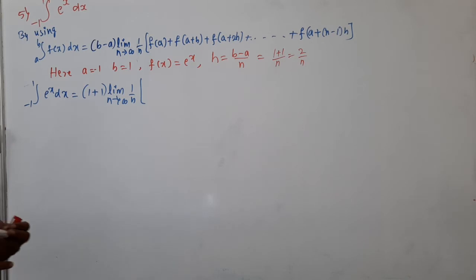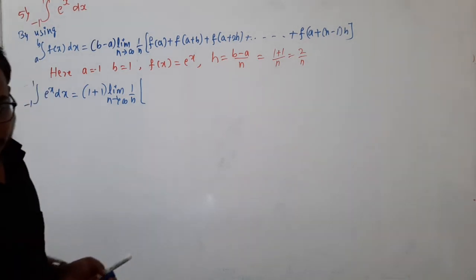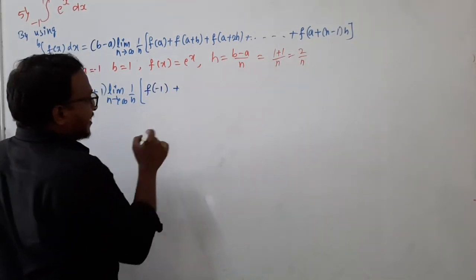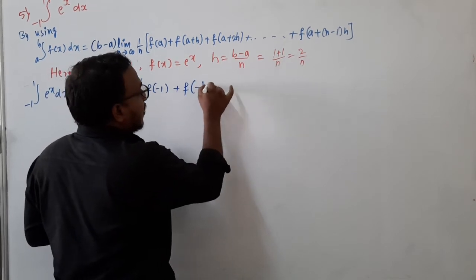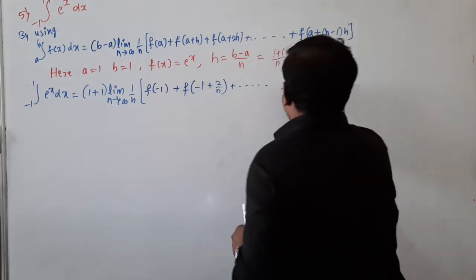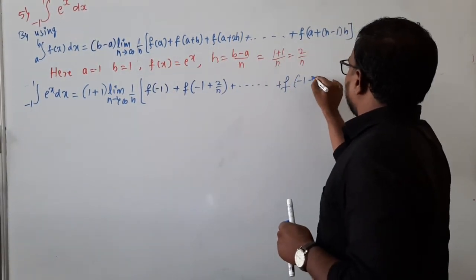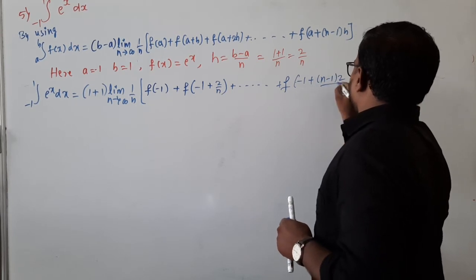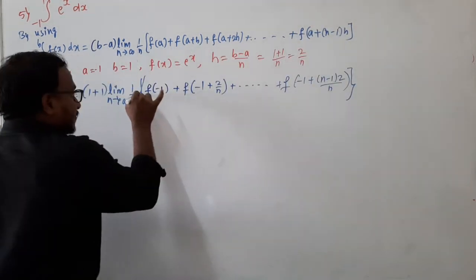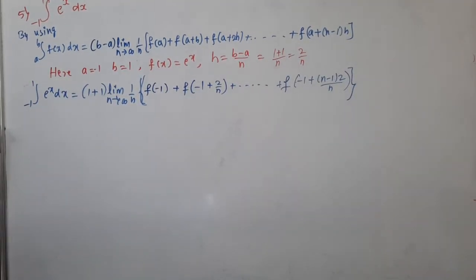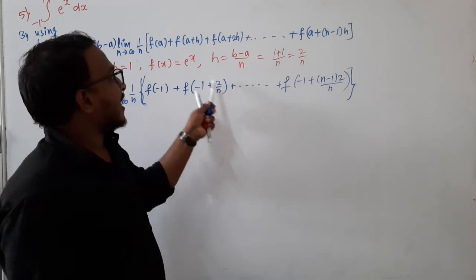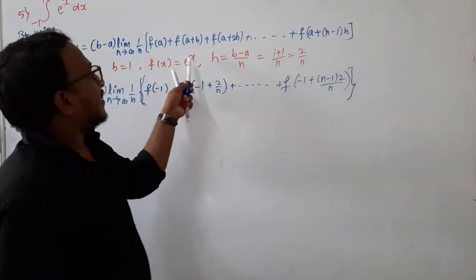What is the f of a value? f of -1 plus f of -1 plus 2 by n, and so on up to f of -1 plus n minus 1 into 2 by n. Close the flower bracket. Now substitute -1 in the x place and -1 plus 2 by n in the x place in this equation.